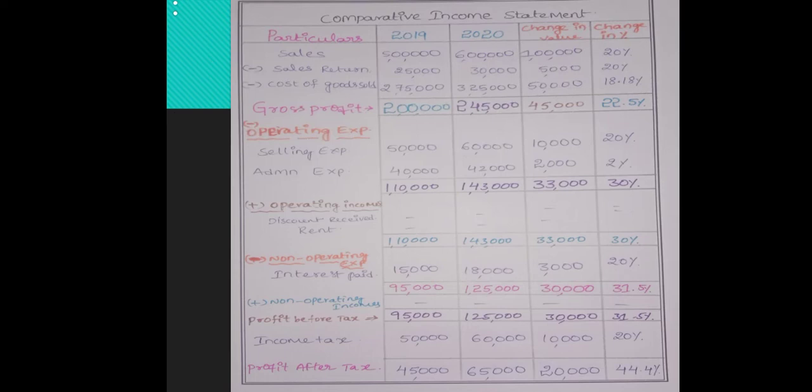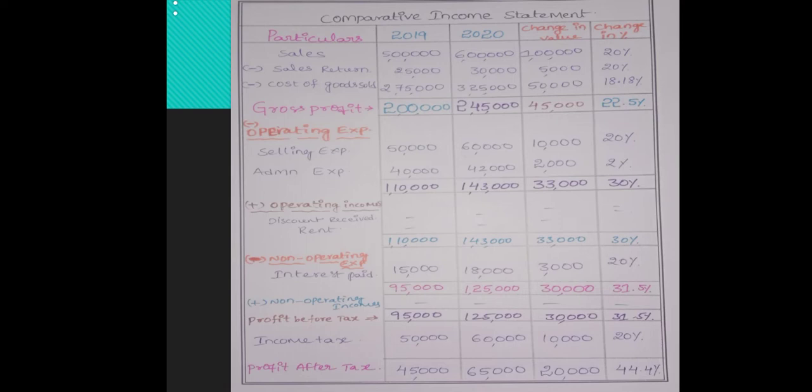This is the answer for that problem. Before preparing it, we need to put the heading as comparative income statement or comparative profit and loss account. The pro forma has five columns: particulars, base year, current year, change in value, and change in percent.